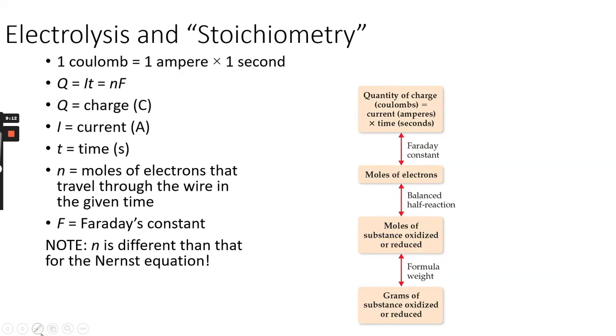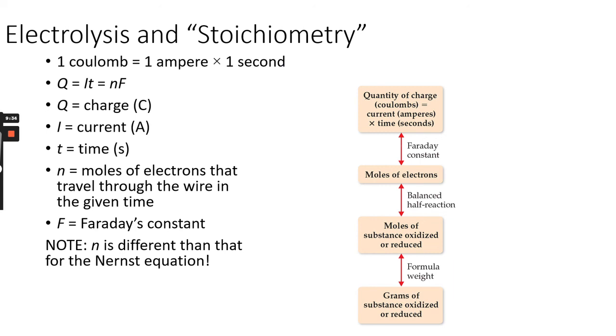Electrolysis and stoichiometry. Remember, a coulomb is a measure of charge, and what we have here is this equation where amps times your time will give you your charge. Amps is how we measure current. If we want to get Q, you're going to just measure your current times time.